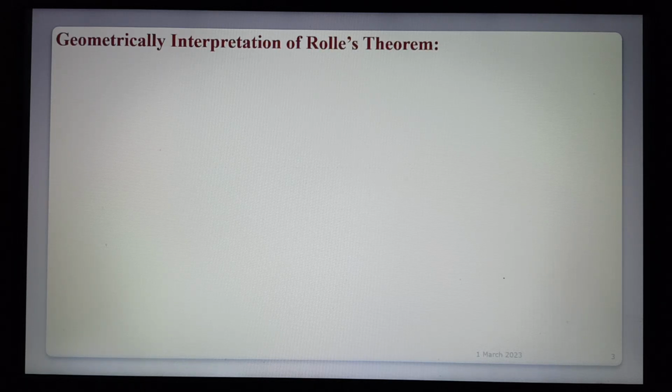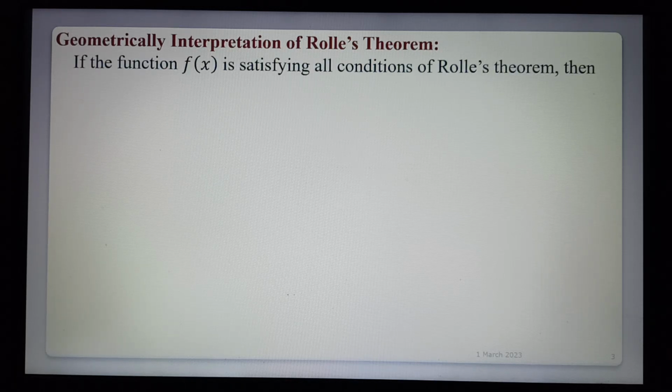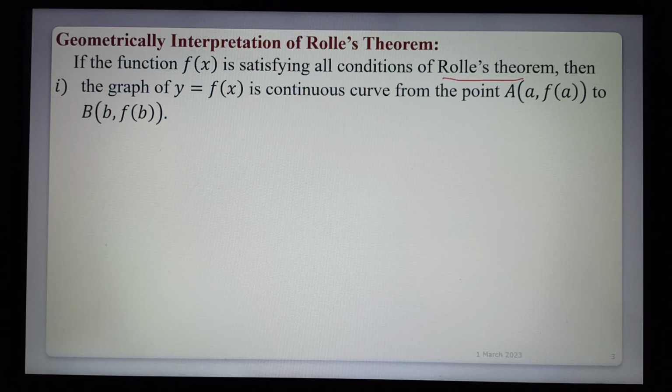So see the next one: the geometrical interpretation of Rolle's theorem. How do we explain it geometrically? First of all, the function f(x) satisfies all conditions of Rolle's theorem, meaning the function is continuous and differentiable and f(a) is equal to f(b).